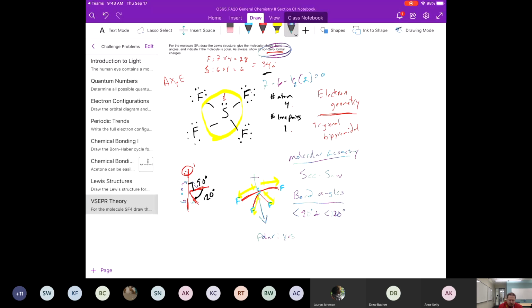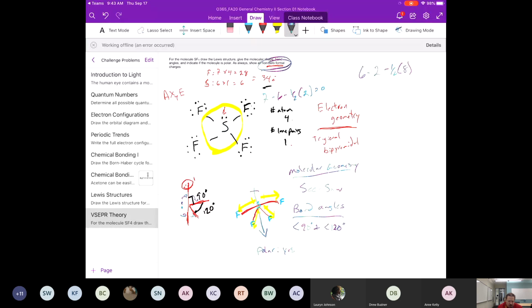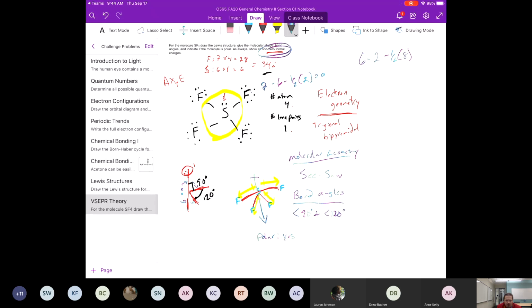The sulfur has 6 minus 2 minus 1/2 of 8, which is also 0. So I did it in my head, but there are no non-zero formal charges, so we don't have to show any. Questions? Comments?